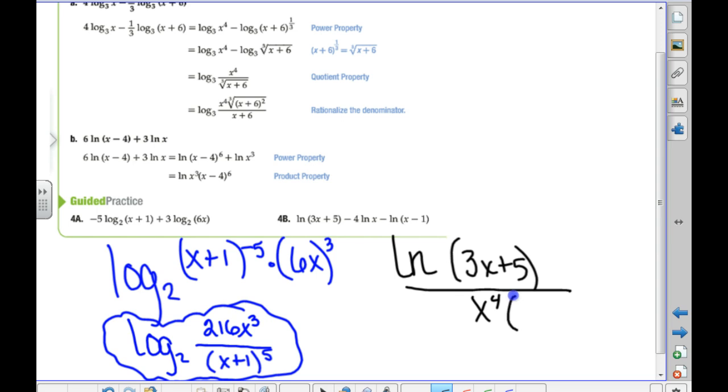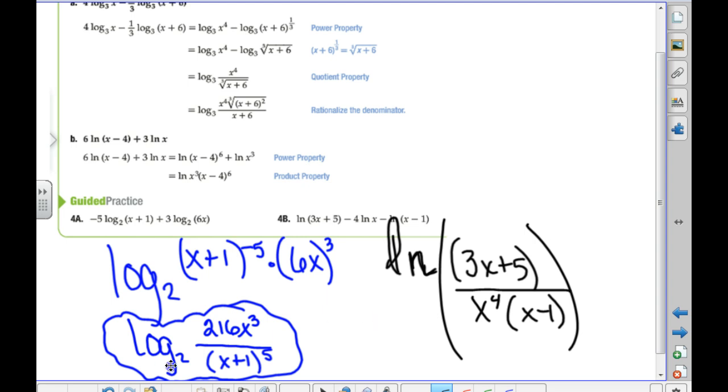Did you leave the x minus 1 on the bottom? Okay. This is right. Unfortunately, I wrote my ln clear over there, which it shouldn't be, or my fraction bar. It's the natural log of 3x plus 5 over an x to the 4th and an x minus 1. Everybody okay?